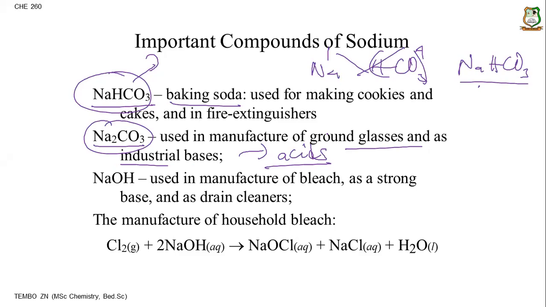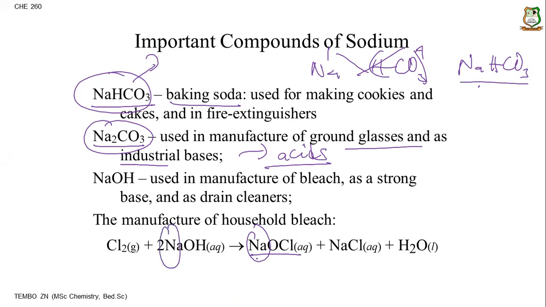I think I should also be quick to mention that sodium hydroxide can be used in the manufacture of household bleach. There are different types of household bleach on the market, but one of the ingredients we find there is sodium, in the form of sodium hydroxide.